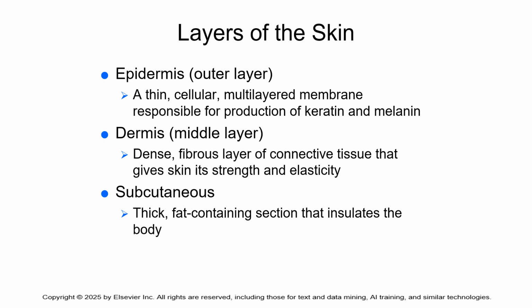The second layer is the dermis, which we find in the middle of the skin layers. That's where we have our connective tissue that gives us our elasticity of the skin. And then we have the subcutaneous, which is the layer that contains fat, the body fat, and helps to insulate us against temperature changes.